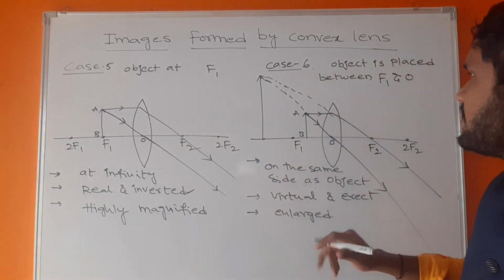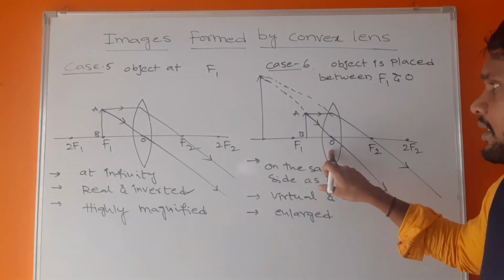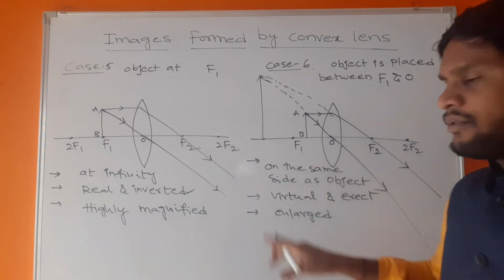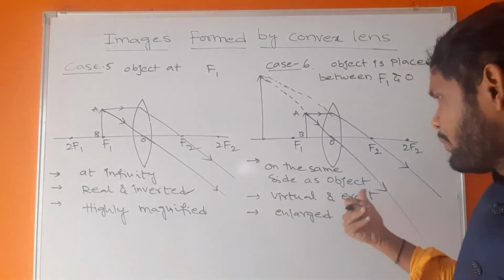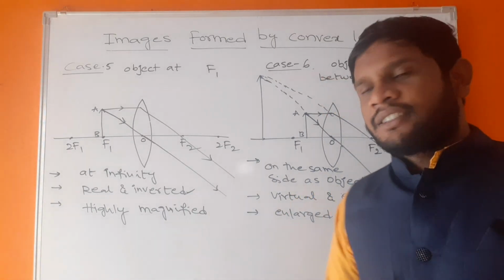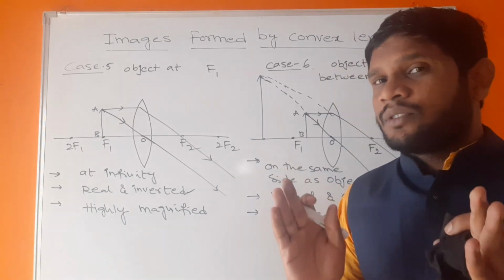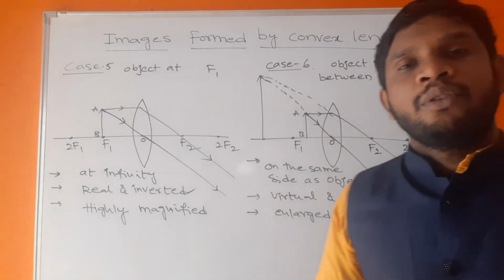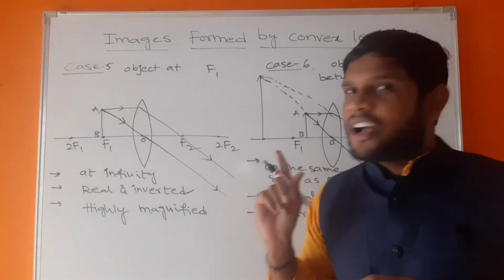In the sixth case, the object is placed between f1 and the optic center. In this case we get a virtual and upright image, and the size is enlarged. Okay, so this is what we came to know regarding images formed by a convex lens.